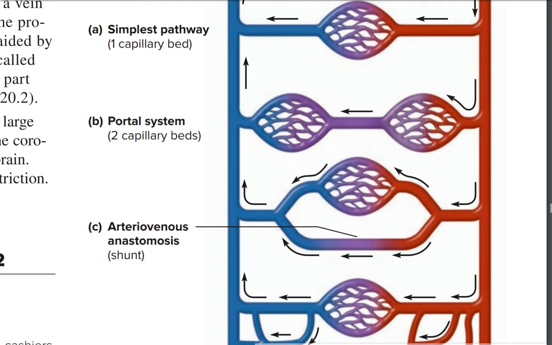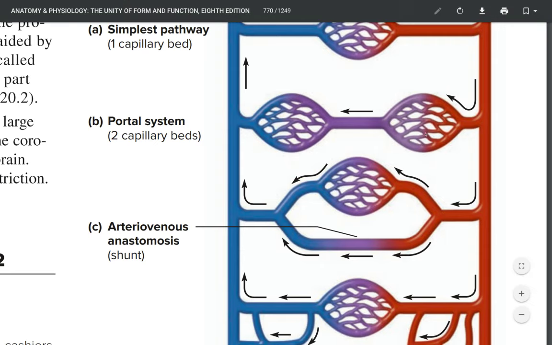Your portal system has two capillary beds. So you have one right here and one right here. You have your red blood cell coming here with oxygen, goes into a metarteriole, meets with a thoroughfare channel, then a venule right here. This is a thoroughfare channel. So you're looking at a metarteriole, then you have your capillary bed right here.